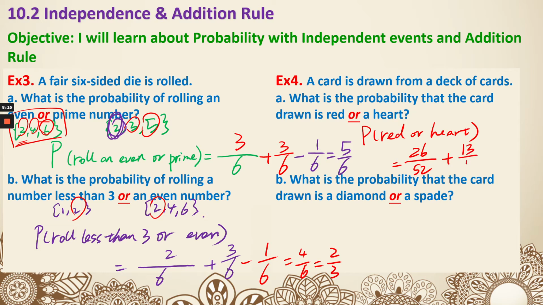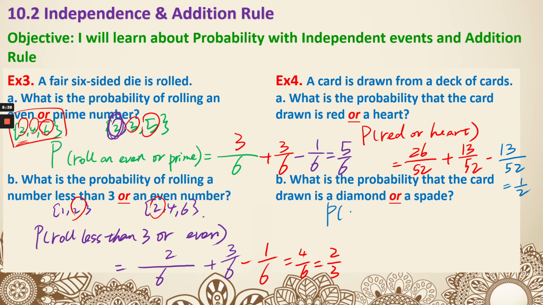Heart, we have 13 heart cards. Now we're going to get rid of the repetition. Some red cards are actually hearts. Actually, 13 of them, all the heart cards are red. We counted them twice, so subtract that. At the end, we got 26 over 52, which simplifies to 1 over 2.